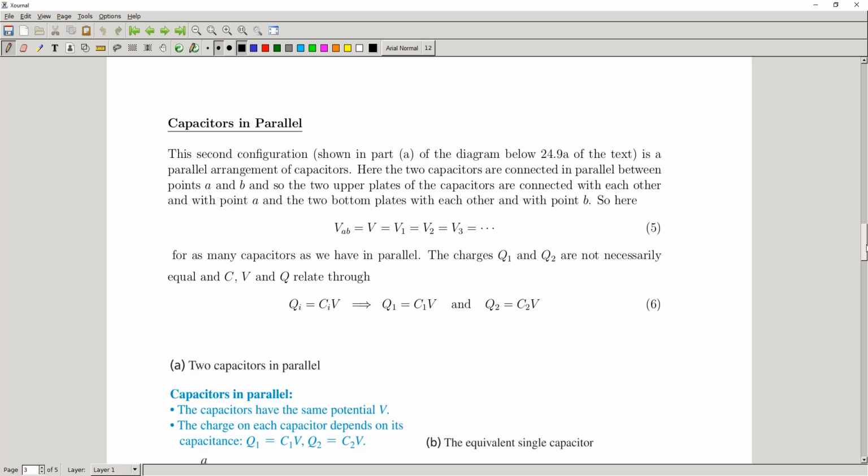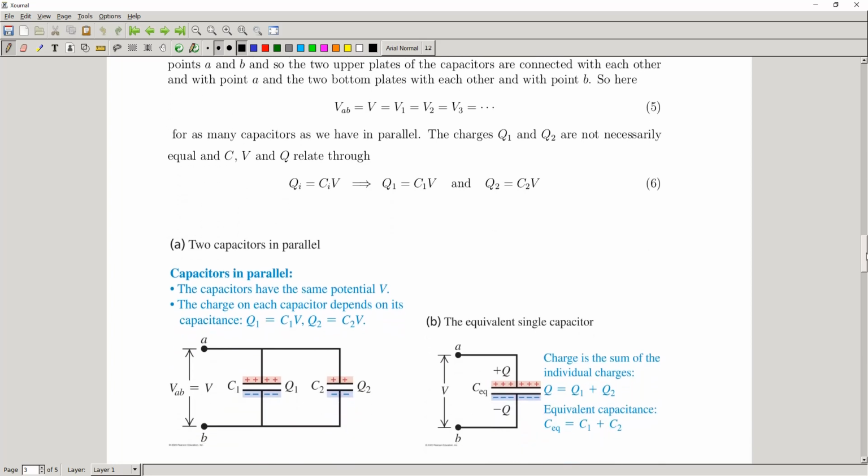And so now we want to take a look at the charges on these capacitors and how they relate to the charge on our equivalent capacitor. But first we just take a look at the charges on each of these capacitors. Unlike the case of the capacitors in series, these capacitors don't need to have the same charge on them. Q1 doesn't have to be the same as Q2 here.